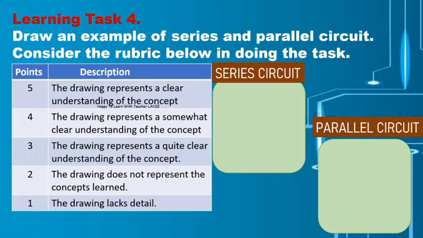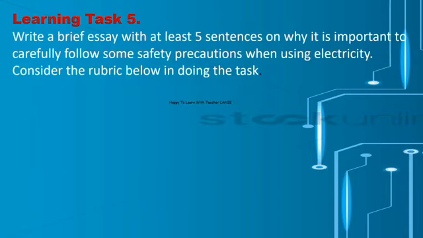Learning task number 5. Write a brief essay with at least 5 sentences on why it is important to carefully follow some safety precautions when using electricity.